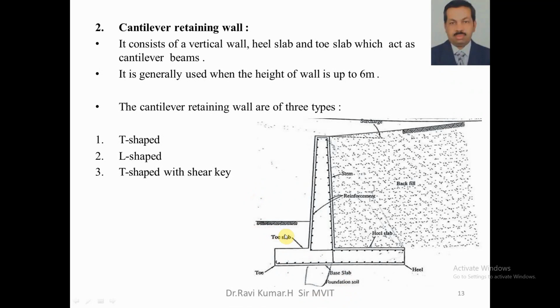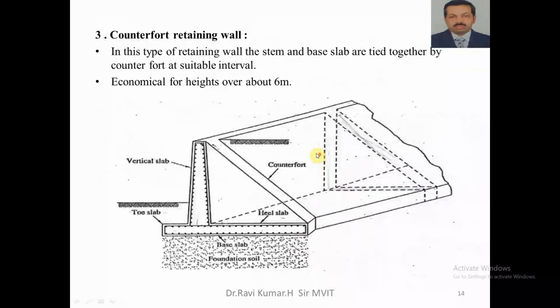If by chance the height between the ground level to this level is more than 6 meters, the cantilever action is more, then we go into a counterfort retaining wall, where we provide counterforts in the fashion of beams, a tapered beam or a triangular beam.